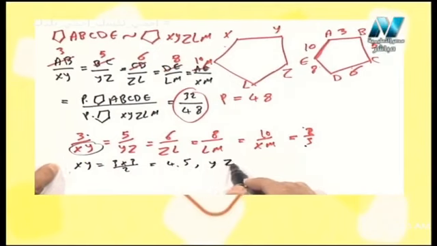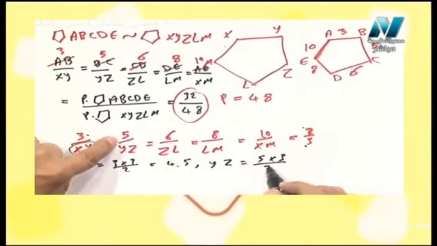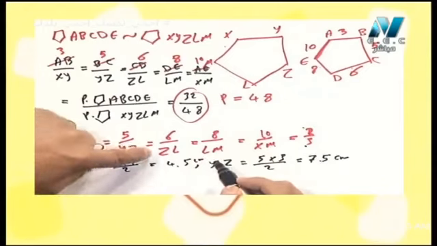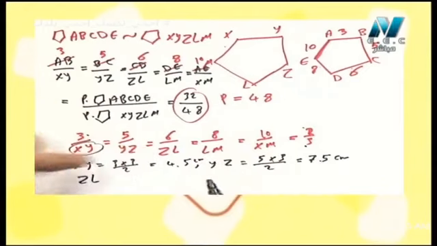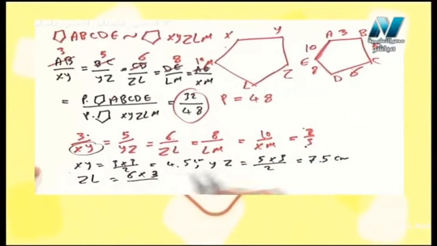YZ equals 5 times 3 over 2 equals 7.5 centimeters. To find ZL also, 6 times 3 over 2 equals 9.